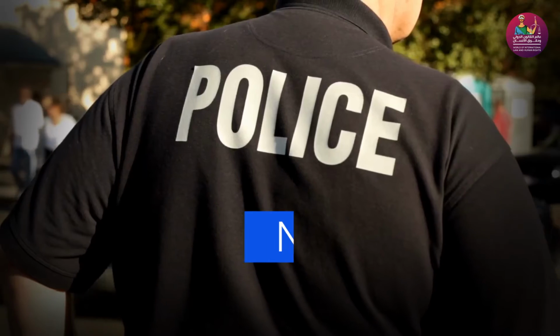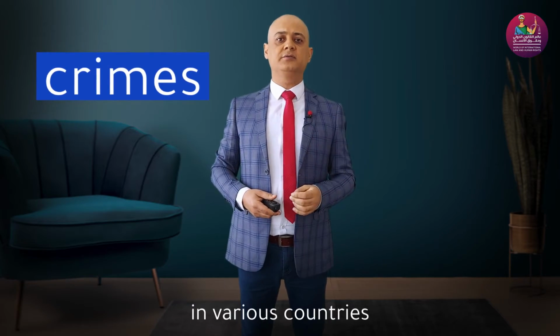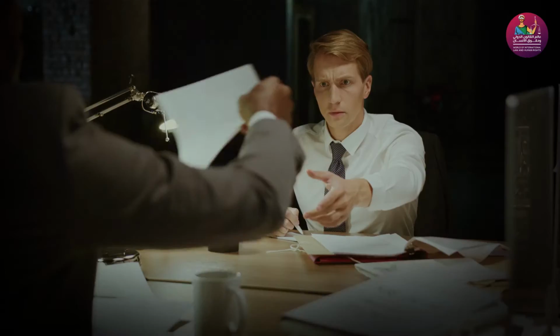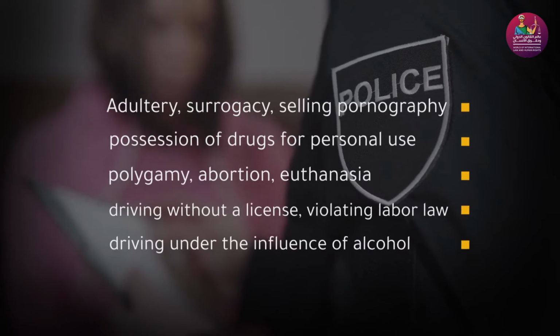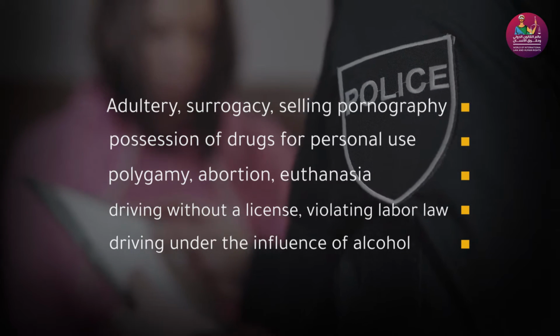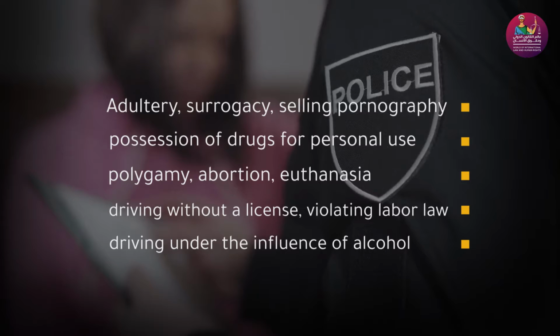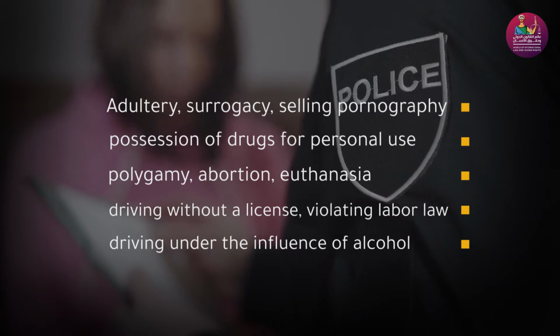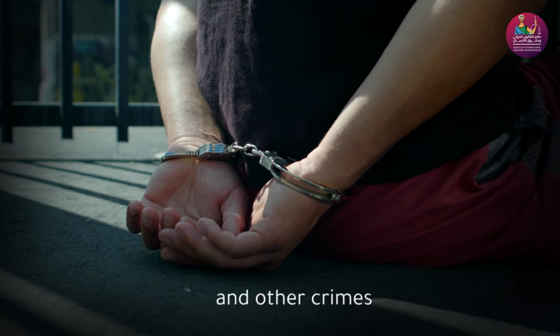According to Interpol, a red notice cannot be issued in relation to some categories of crimes that, in various countries, raise controversial issues relating to behavioral or cultural norms such as adultery, surrogacy, selling pornography, possession of drugs for personal use, polygamy, abortion, euthanasia, driving without a license, violating labor law, driving under the influence of alcohol unless such behavior led to physical harm of other individuals, or issuing unfunded checks and other crimes.